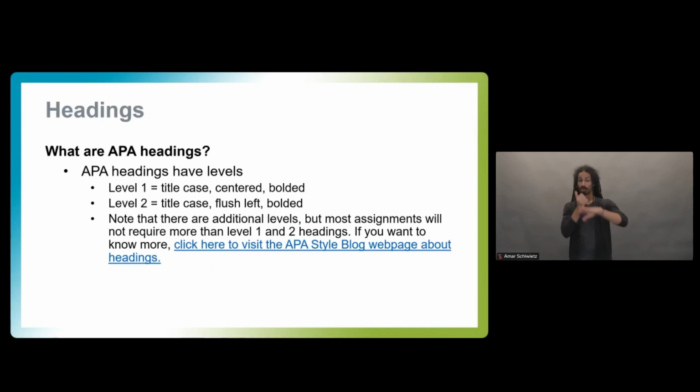It is title case, it is bolded. The difference is that it is flush left. So when reading an APA paper, as you're working through the pages, every centered heading defines a new section. Any heading that is flush left is a subsection of the current section that you're reading.